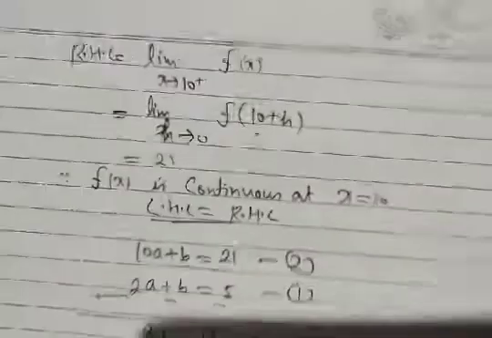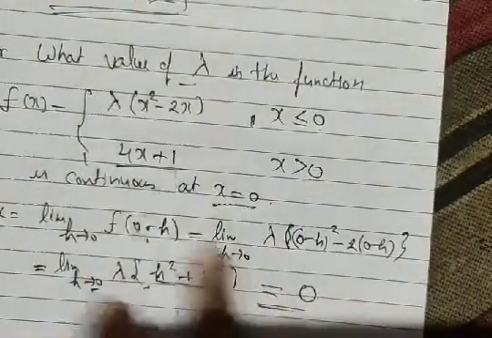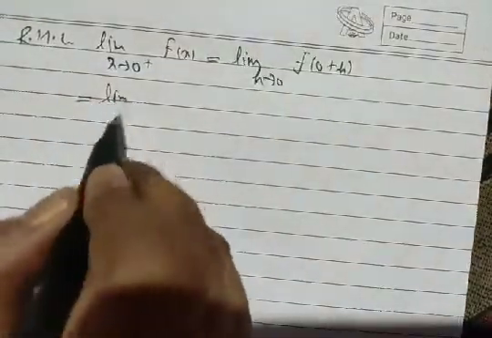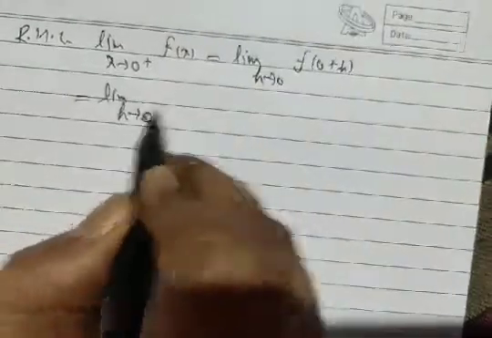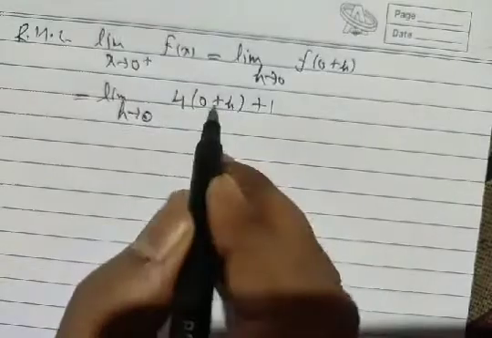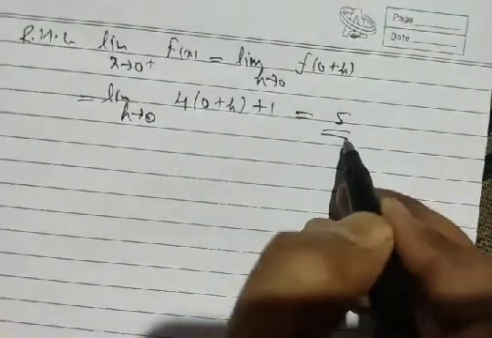When the point is greater than 0, it is 4x plus 1. Then limit h tends to 0 of 4 times (0 plus h) plus 1, and as h tends to 0, its limiting value is equal to 5.